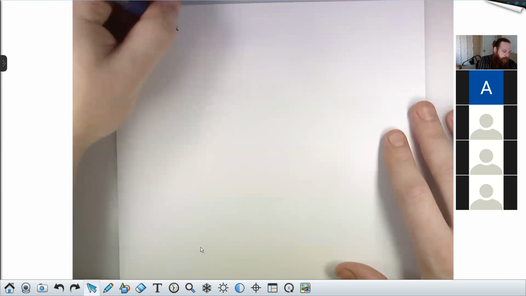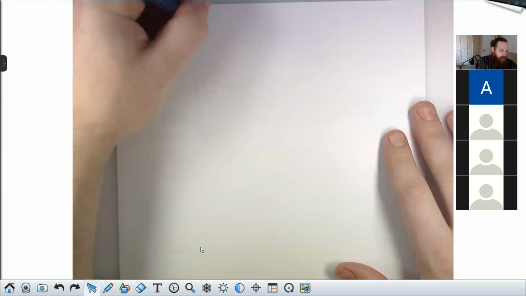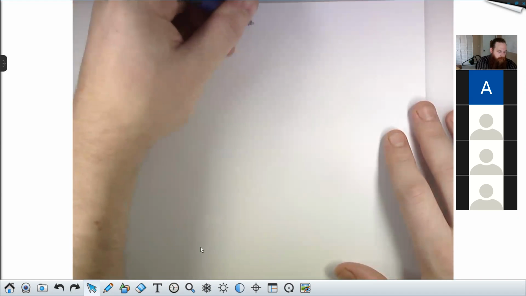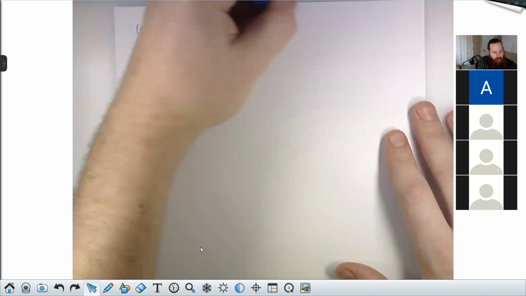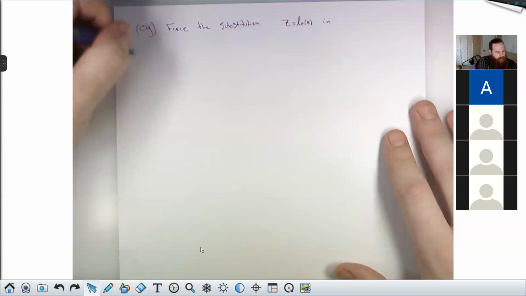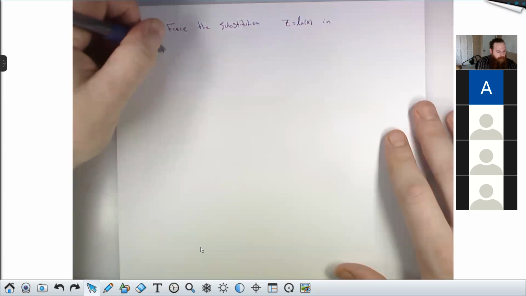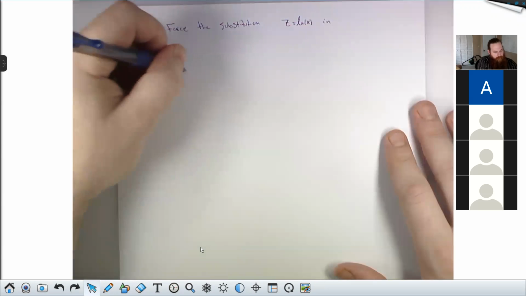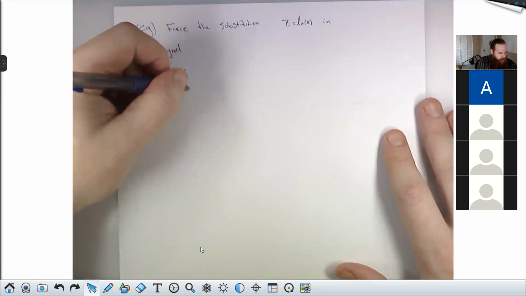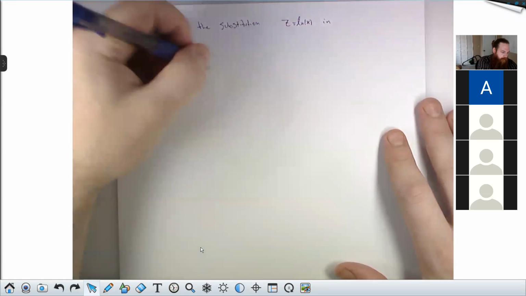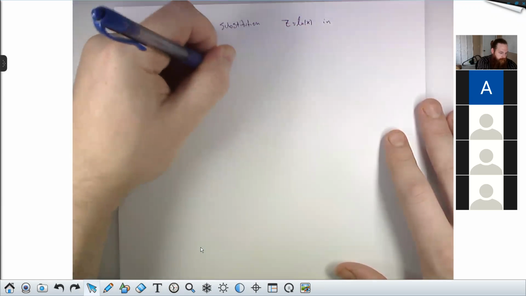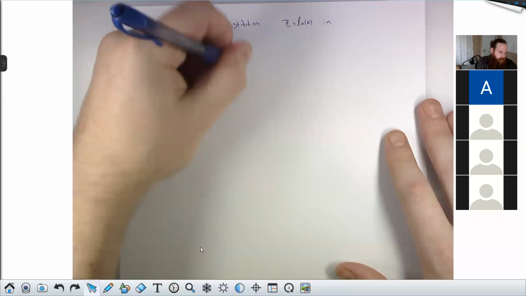So here I want to force the substitution z equals ln x in the integral, maybe we'll say from 1 to e, of sine of ln x dx.